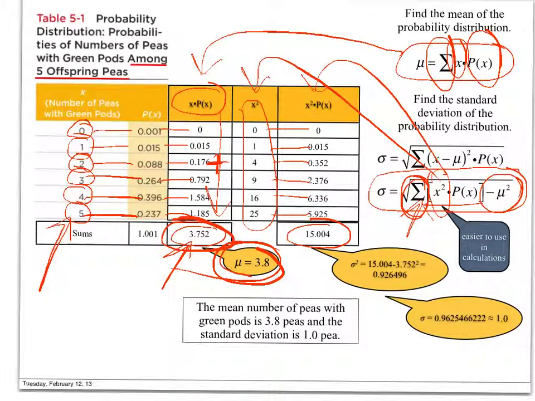Actually, I used the unrounded value in my calculation, and so finally you see that before I take the square root, it's sigma squared, and then after I take the square root, it's sigma, and that rounds in the same way. It rounds to 1. So the mean number of peas with green pods is 3.8, and the standard deviation is 1 pea.